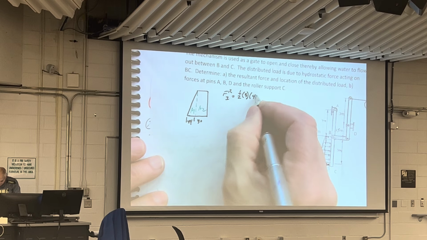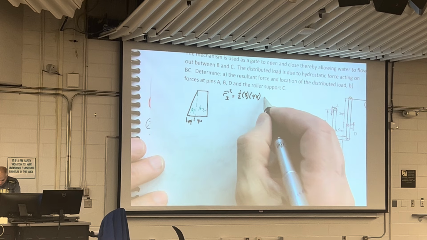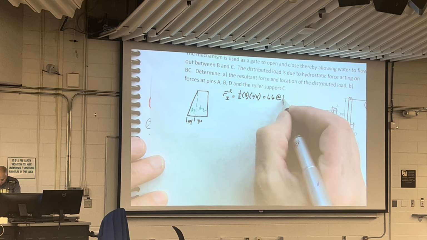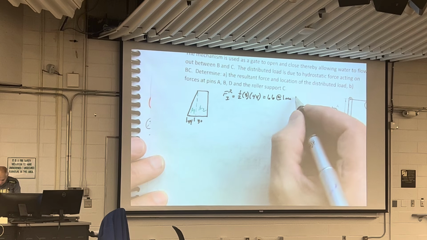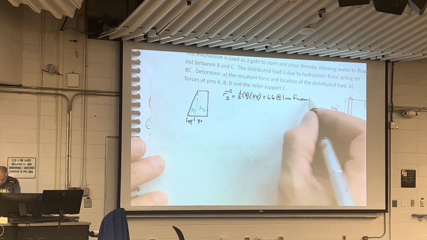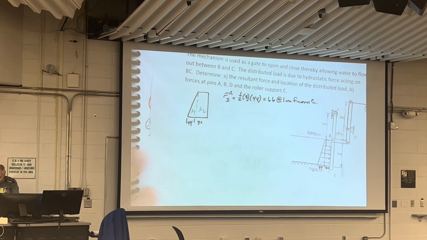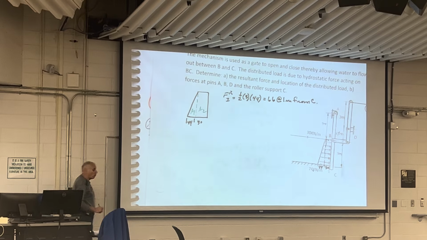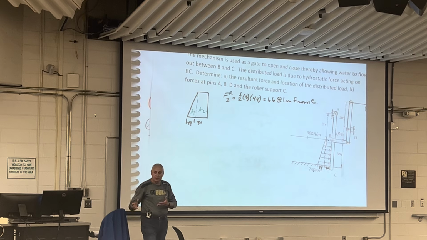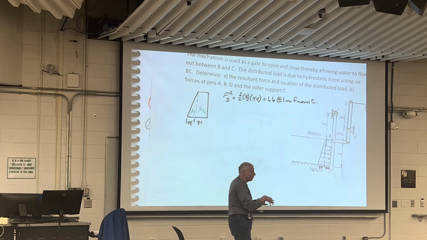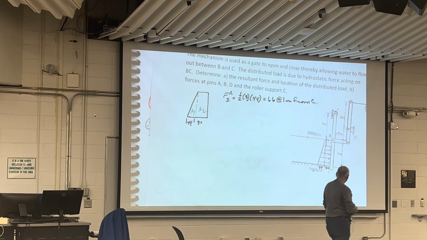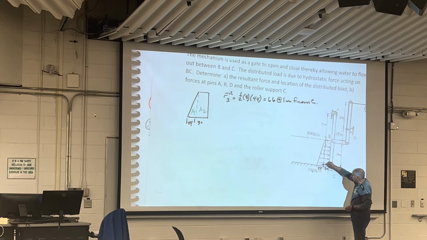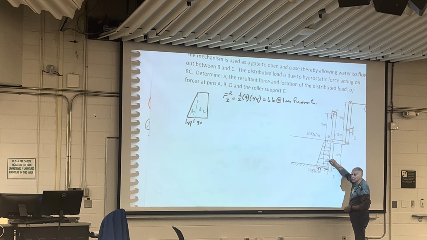So this has to be 44, and that would mean this is 66 at 1 meter from C. Remember, for a triangle, it's 1/3 of the base from the fat end, or 2/3 from the skinny end. The base is 3, right? So from this fat end, it's going to move over 1 unit.